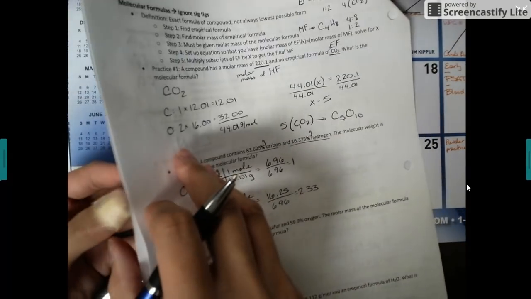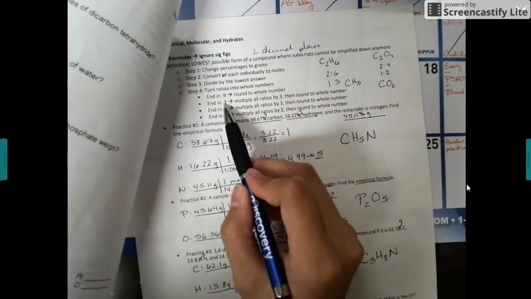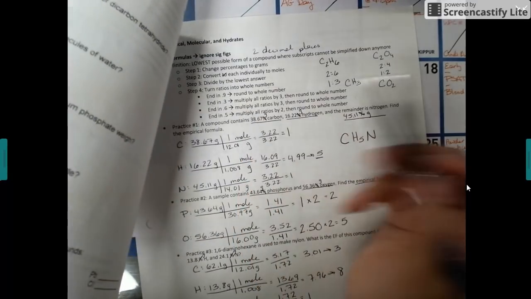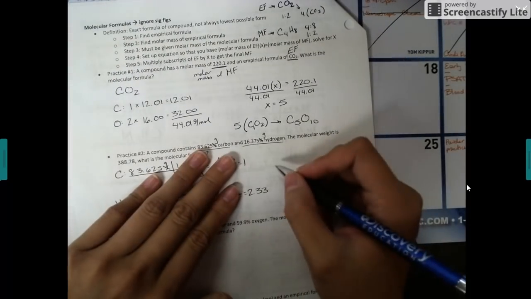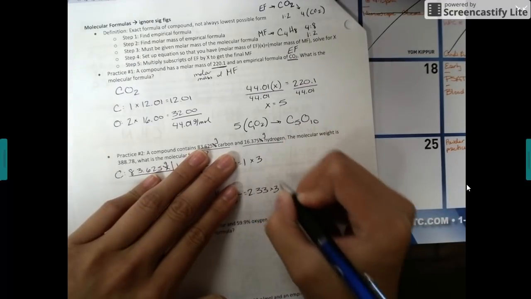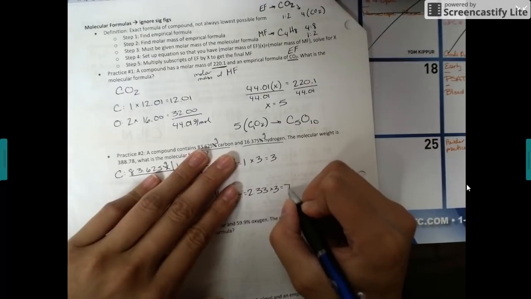Now remember that with the empirical formula, if you have something that ends in 0.3, whether it's 0.33, 0.35, 0.36, doesn't matter. Multiply all ratios by 3, then round to whole number. So I'm going to take my ratios, 1 and 2.3, and times it by 3. Here I get 3. Down here I get 7.